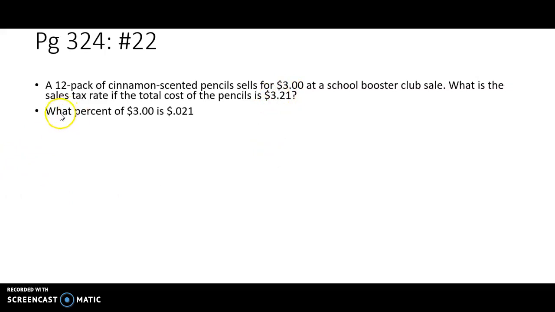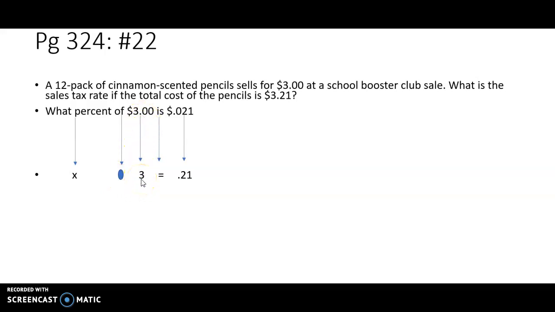So the question we're looking at is, what percent of $3 is 21 cents? And I have the decimal in the wrong spot. It should be 0.21. I'm sorry.